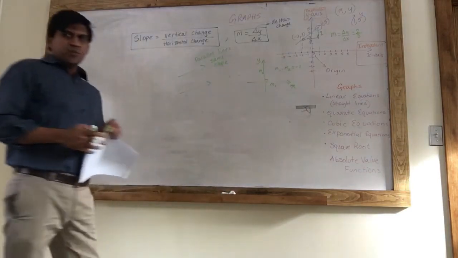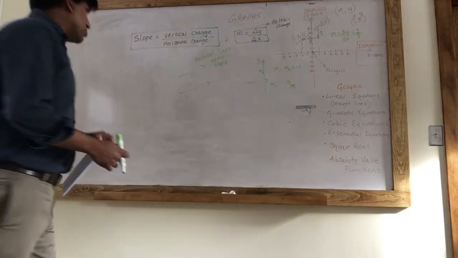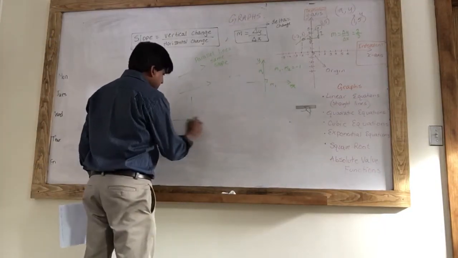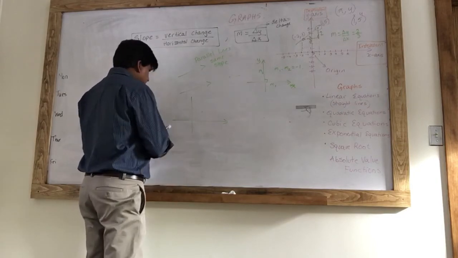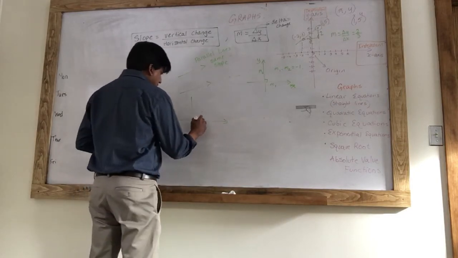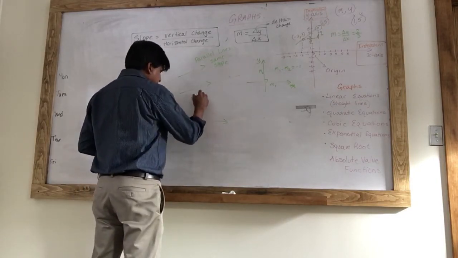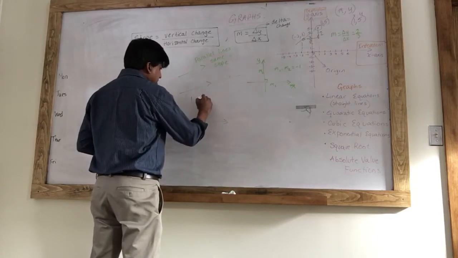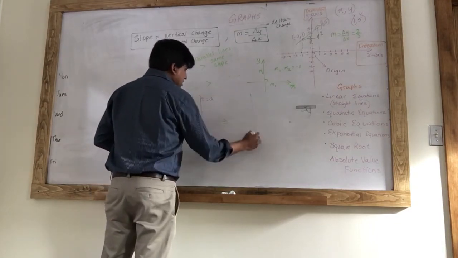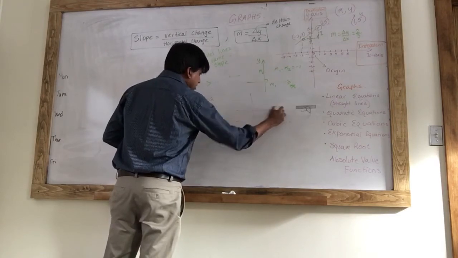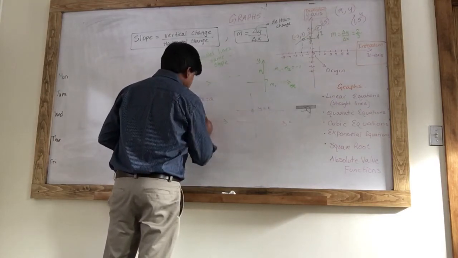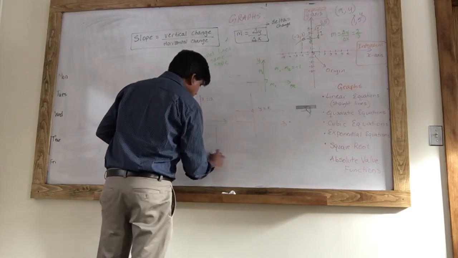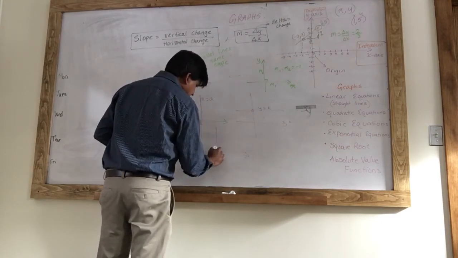Now the 4 most common lines that you might come across are this. If I get x is equal to a, let's say a is here, x is equal to a will be a vertical line, right? Then y is equal to k will be a horizontal line. And then y is equal to mx is passing through the origin.